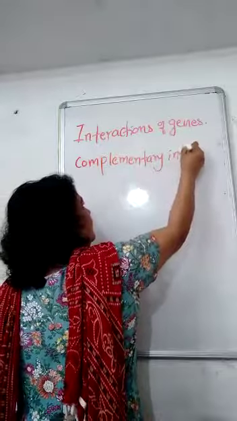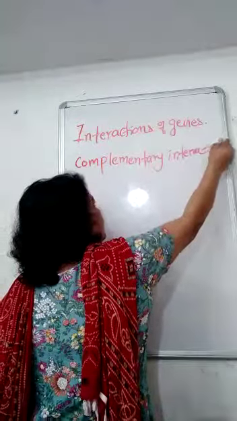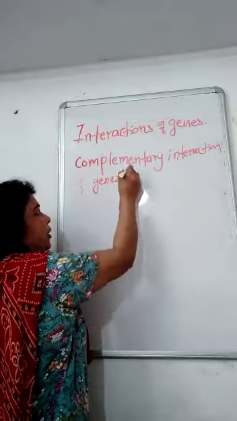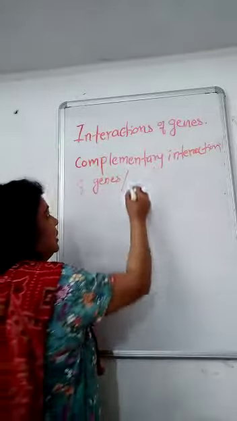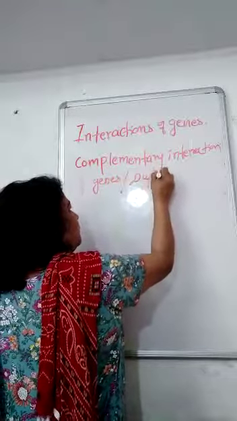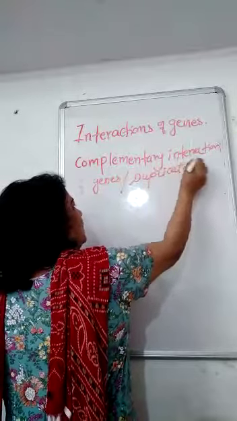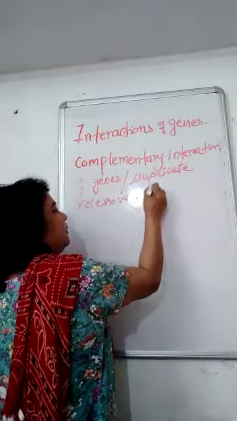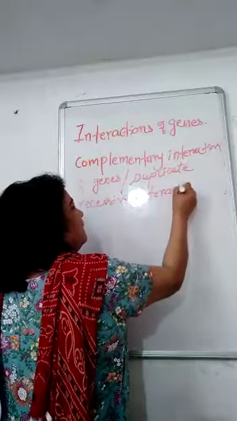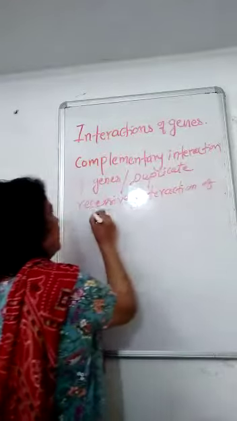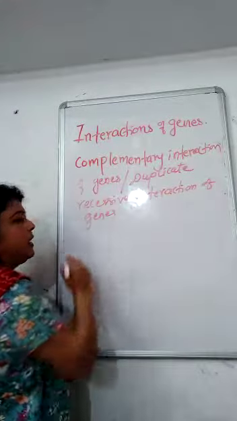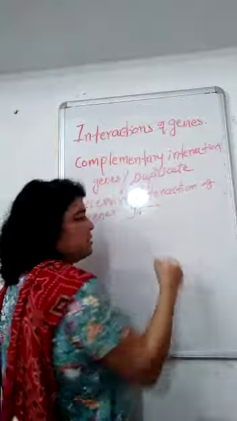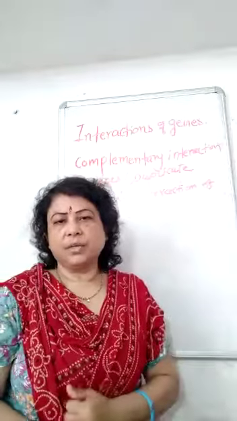Complementary interaction of genes, or it is also known as the duplicate recessive interaction of genes, it has the ratio that is 9:7.